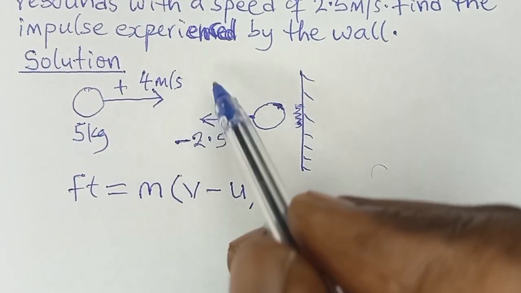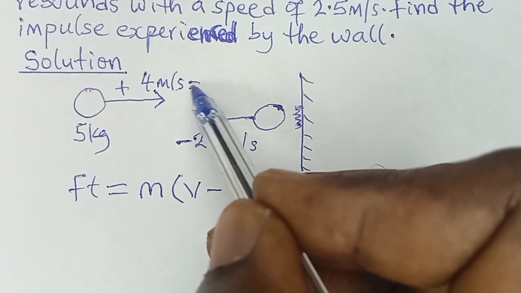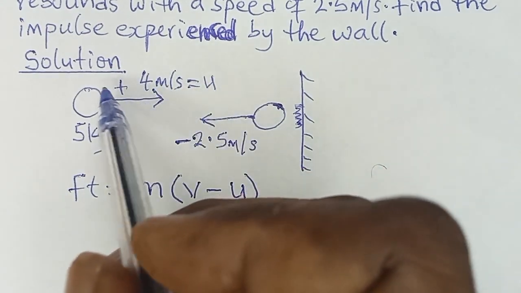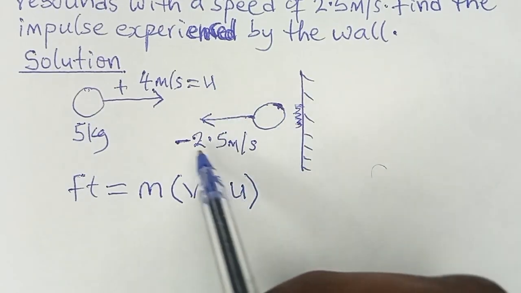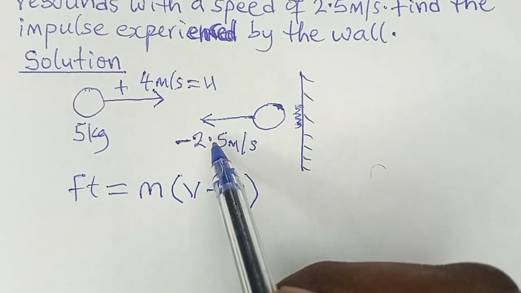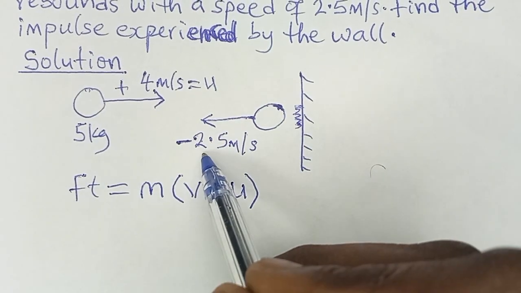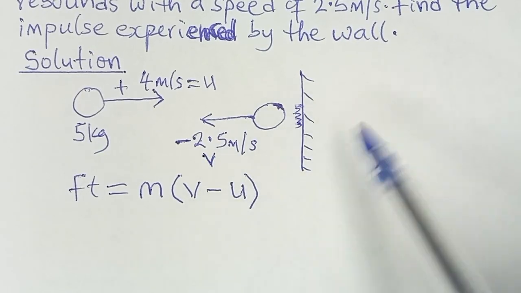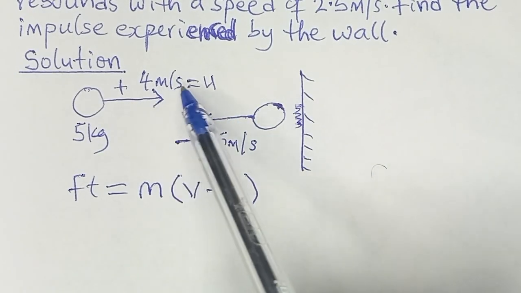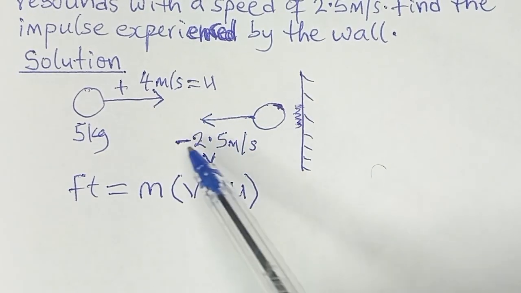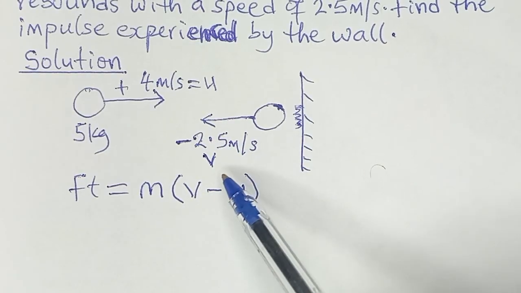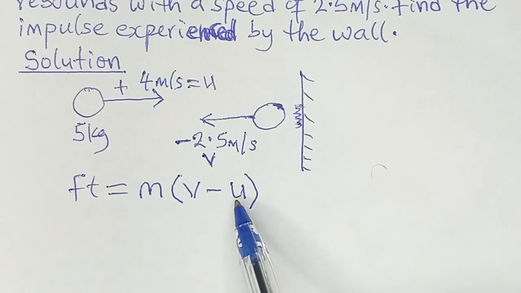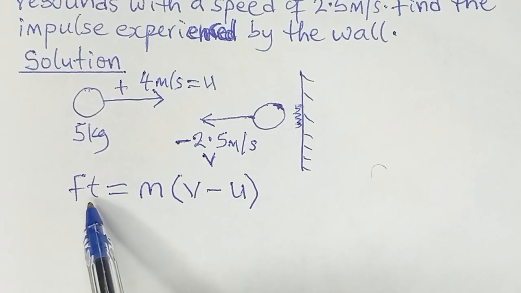In this question, the initial velocity is u, the velocity with which it started, and the final velocity is v. So don't forget, u is positive 4 meters per second and v is negative 2.5 meters per second. We are going to apply this formula now to find the impulse, which is Ft.